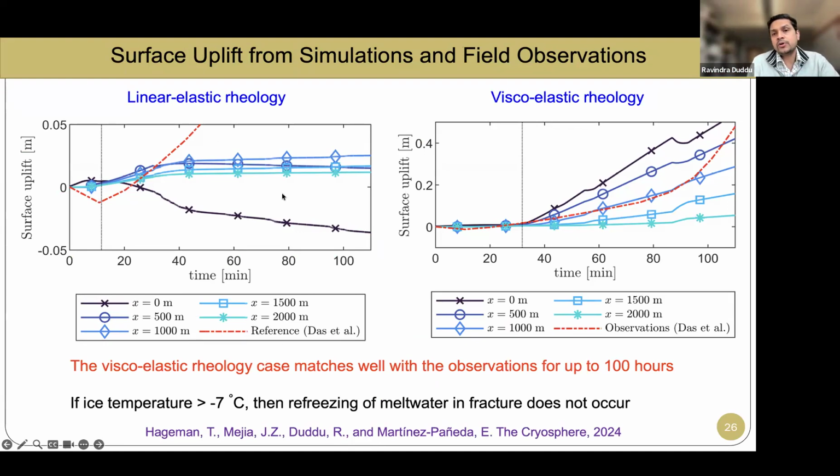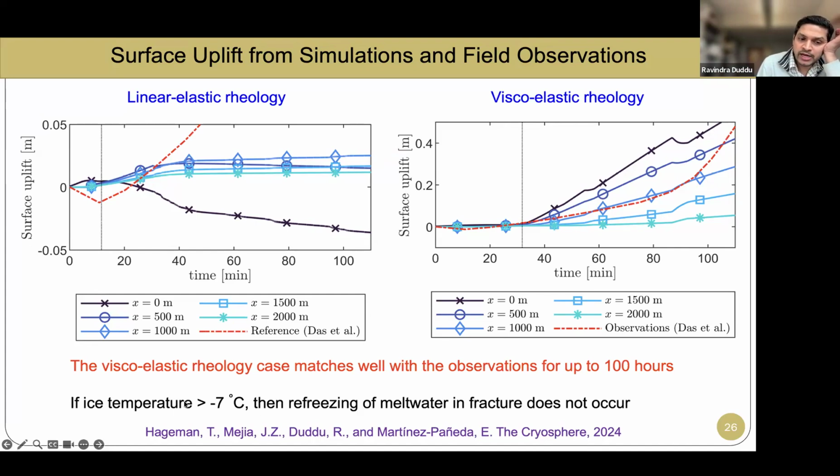And I don't want to go into the details in the interest of time, but linear elastic doesn't match with any of these lines, which are observations. But if you plot the observations, the red dashed line, against viscous, then the red dashed line matches better with one of those simulations, and it's within that range. So that's an important point.